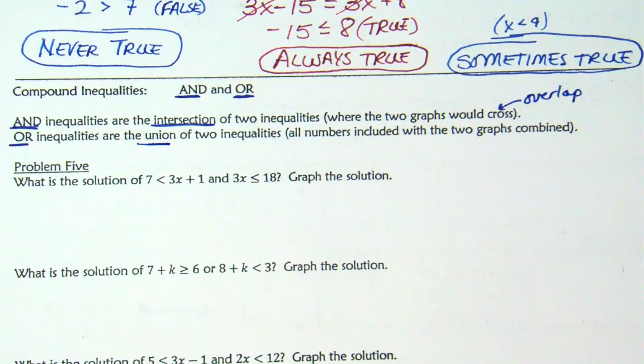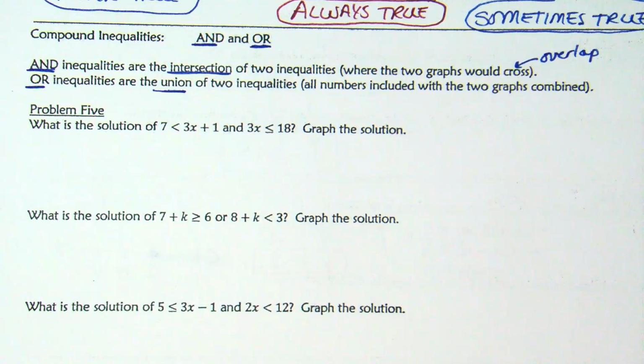So what is the solution of 7 greater than 3x plus 1 and 3x less than or equal to 18? And then graph the solution. So first things first, we should probably solve. So how do you solve 7 greater than 3x plus 1?